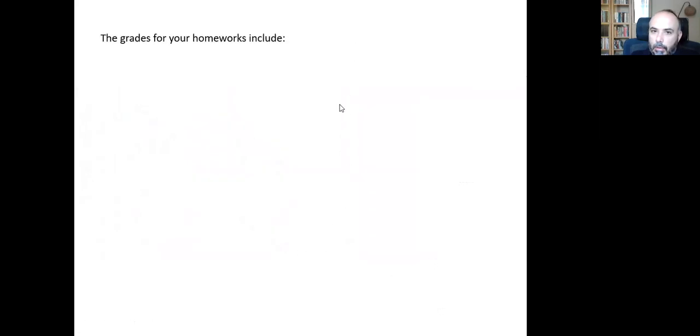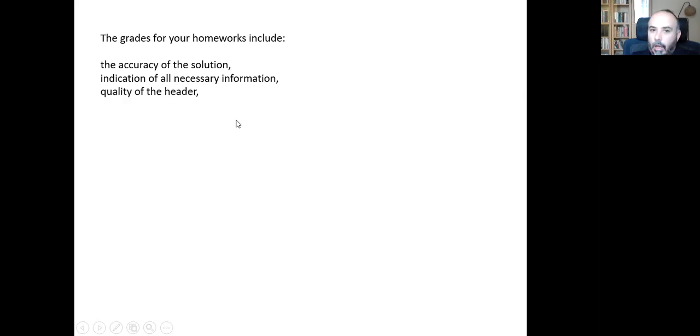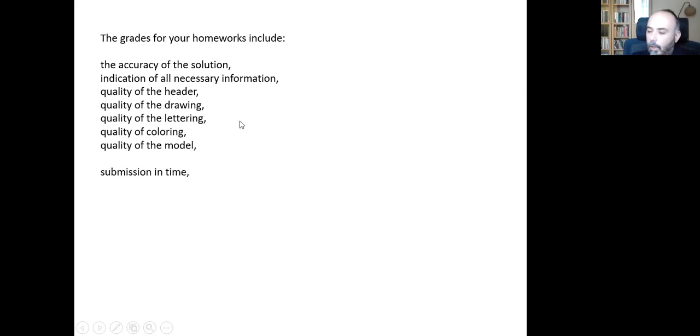And please make sure that the grades of your homeworks will include the accuracy of the solution. But this is not enough. You need to indicate all the necessary information. Also, the quality of your drawing. That includes the header, the drawing itself, the lettering, coloring, and the quality of your model will affect your score.